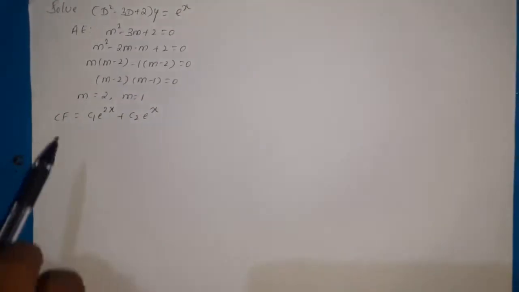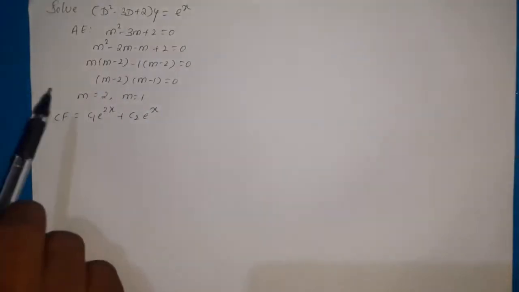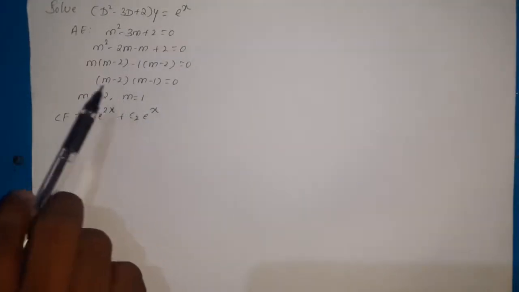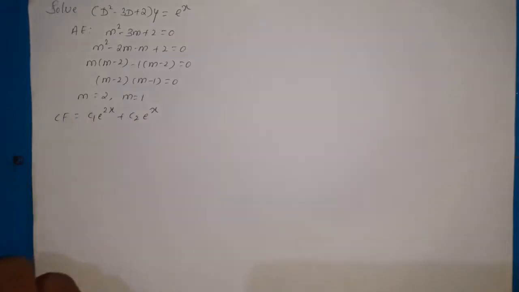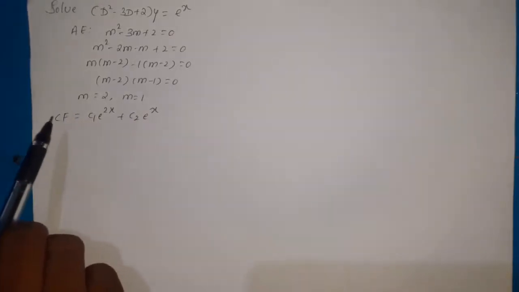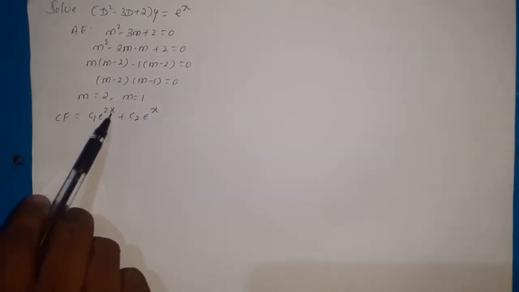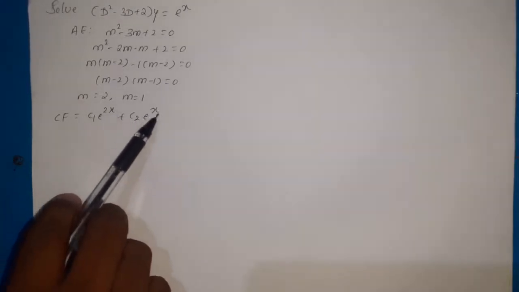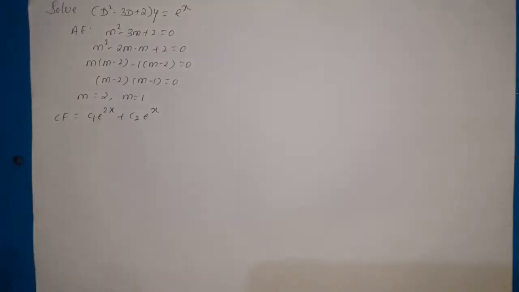Then the roots of this equation are 2 and 1, which are real and distinct roots. So the complementary function is given by c1 e power 2x plus c2 e power x. This is the complementary function for the given differential equation.